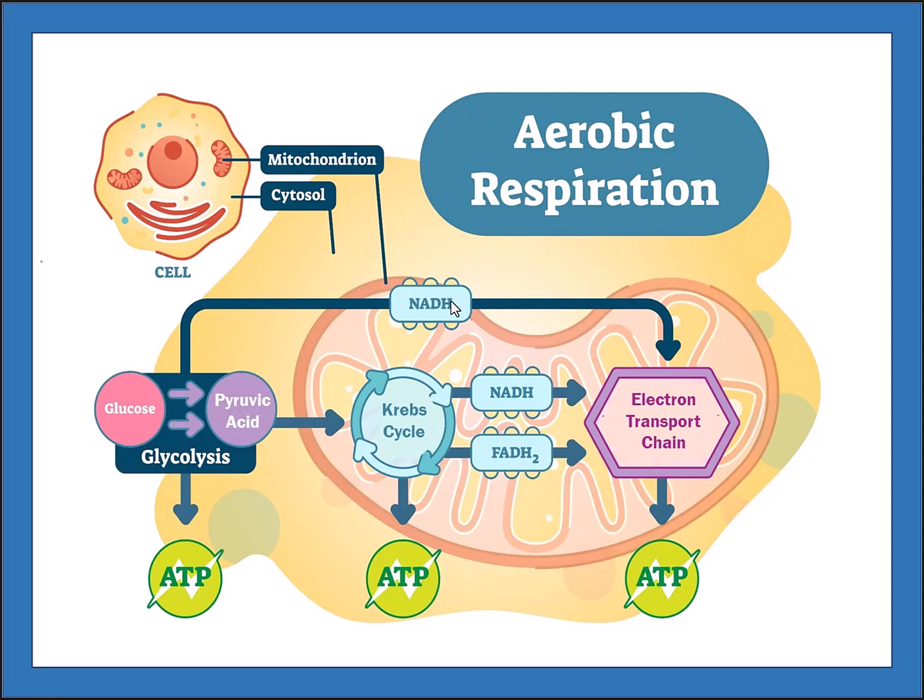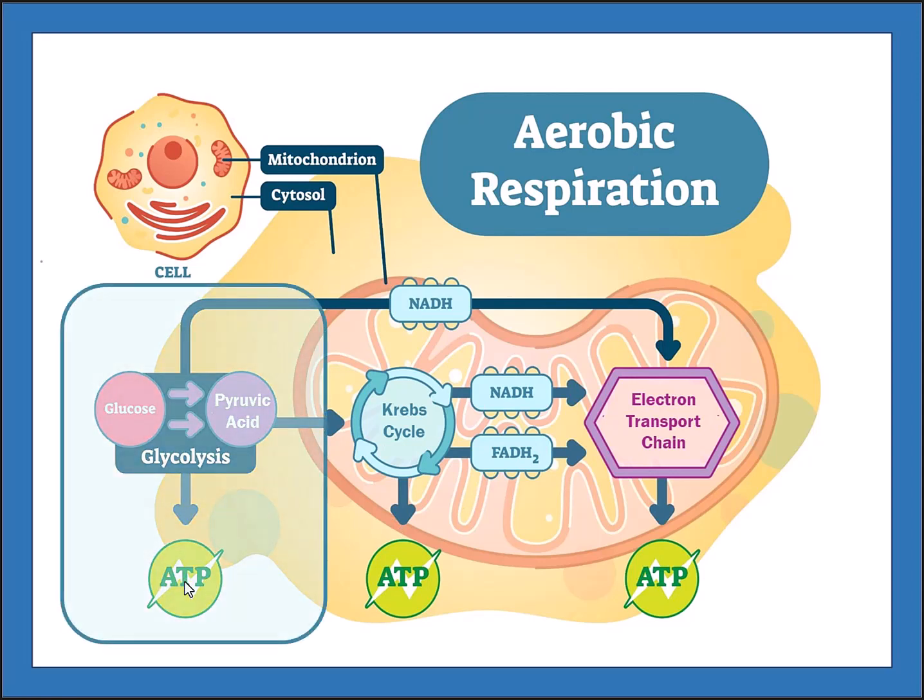And then we are forming that NADH, which is going to go on to the electron transport chain. And remember, 2 ATP are being formed here. So far we've accomplished the first of the 3 steps in aerobic respiration. And remember, most of this is occurring in the mitochondria, but the glycolysis is occurring in the cytoplasm, which is sometimes also called cytosol.